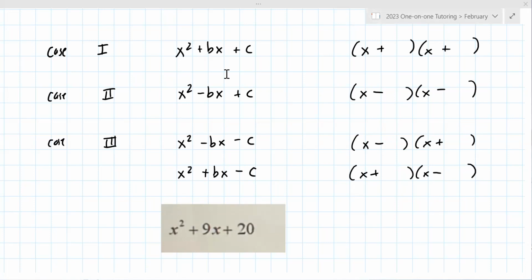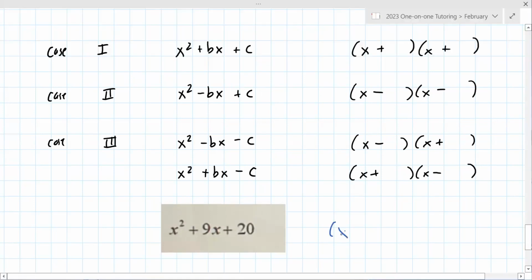How are you doing on this one? I'm just finding the multiples of it. Okay. +4 and +5. Yes, you got it. x plus 4, x plus 5. Very good.